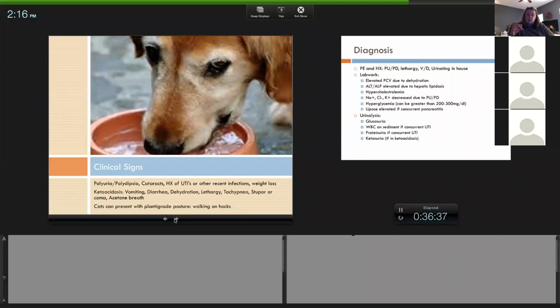Actually, elevated sugar can dehydrate them because sugar pulls fluid to it, okay? It can pull from the tissues. Blood sugar pulls fluid in, and then they feel very thirsty. And the more they drink, the more they urinate. So you tend to get this PUPD.